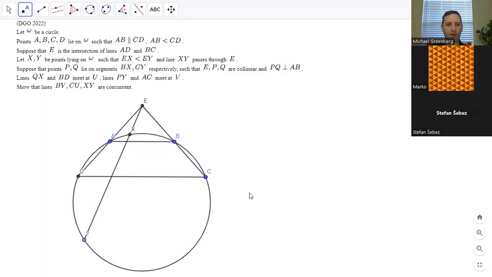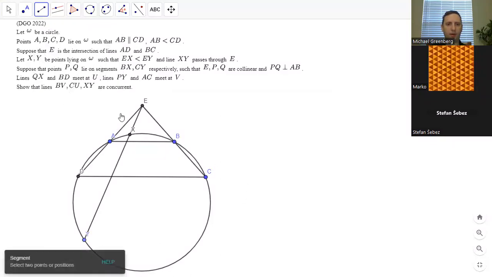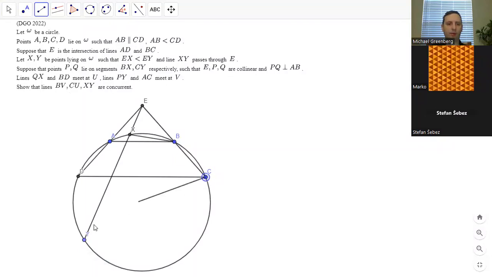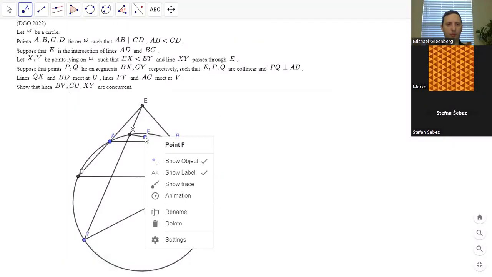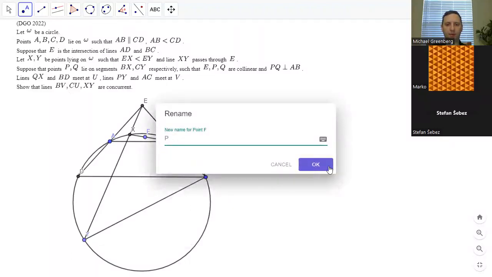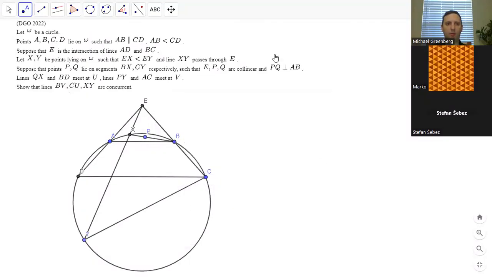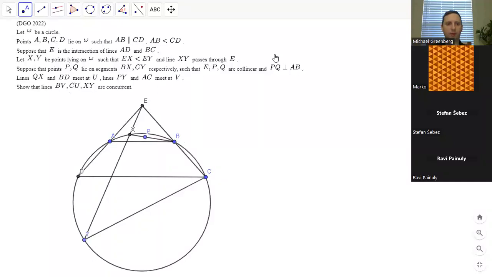So we have BX, CY, and we have a lot of choice in this question. We can choose where Y is, and then we can pretty much choose where P is on BX, and we just have to draw the perpendicular.